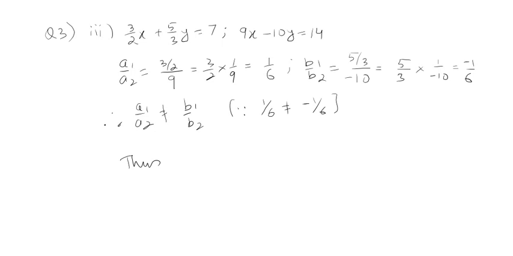The question was the pair of equations. We can write therefore the equations are inconsistent, and if the situation comes, you write consistent or inconsistent accordingly. So I hope you have understood how it is done.